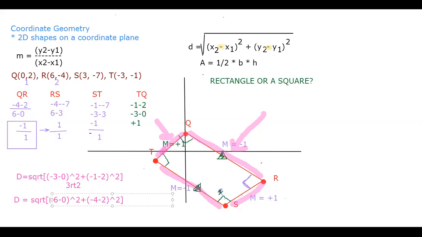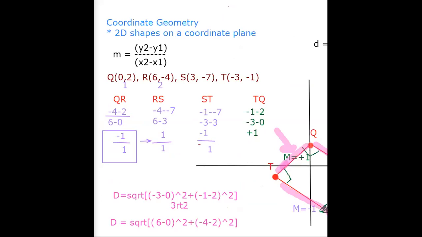So let's plug that in the calculator. See what we get. If they're the same, we must have a square. If they're different, we must have a rectangle. Left parenthesis, 6 minus 0. Oops, one second.